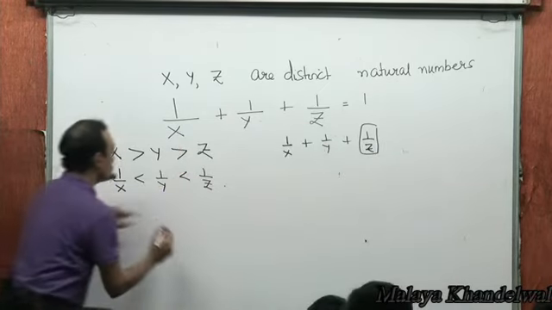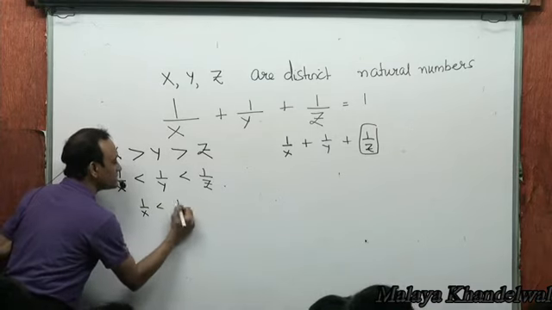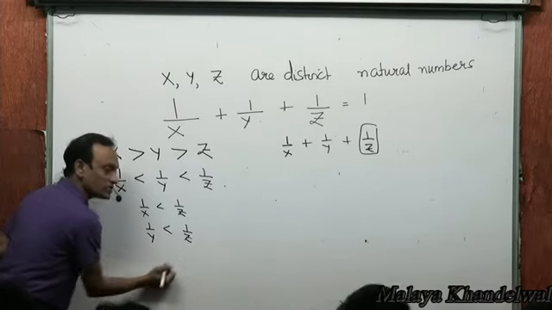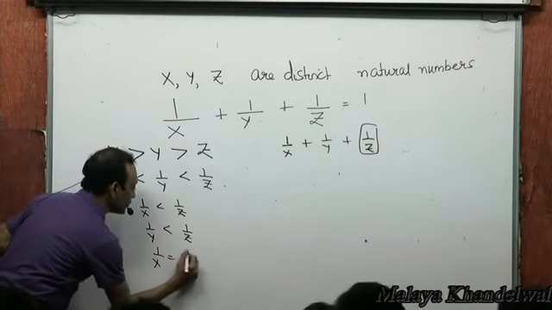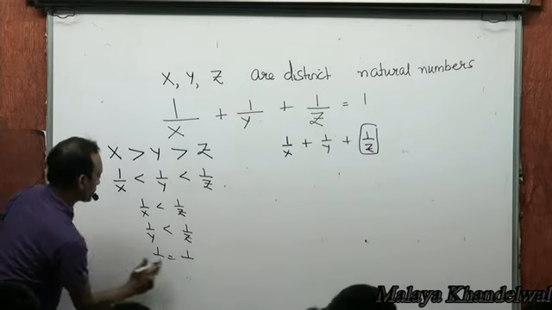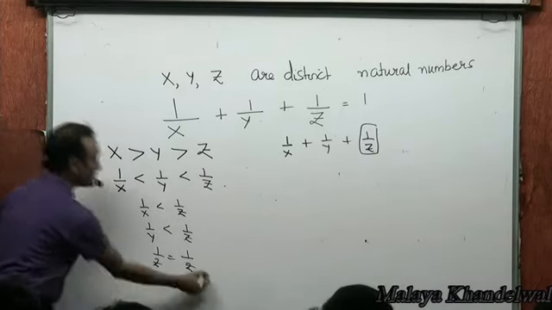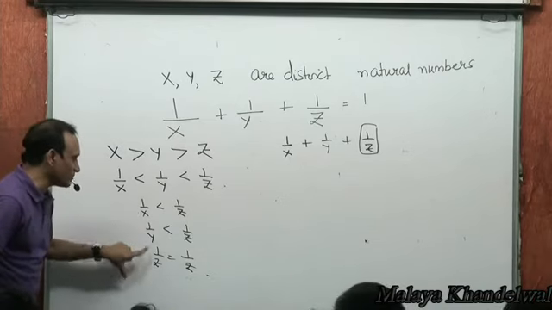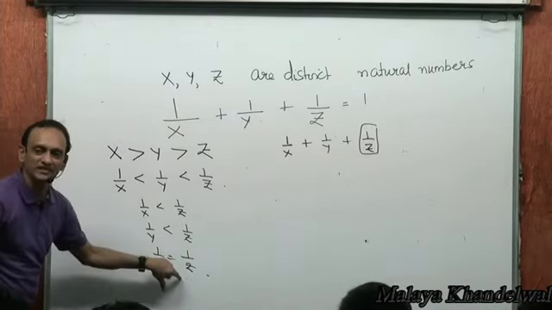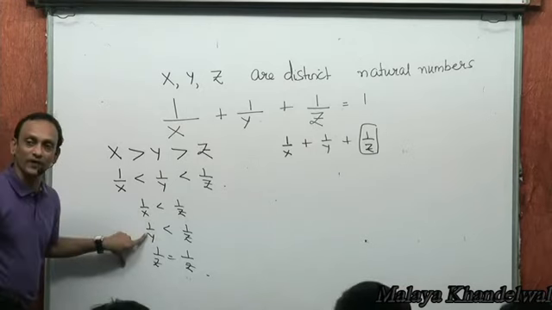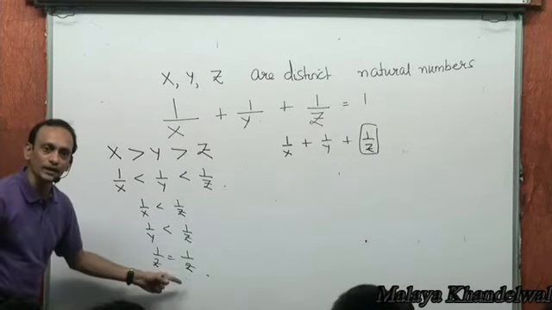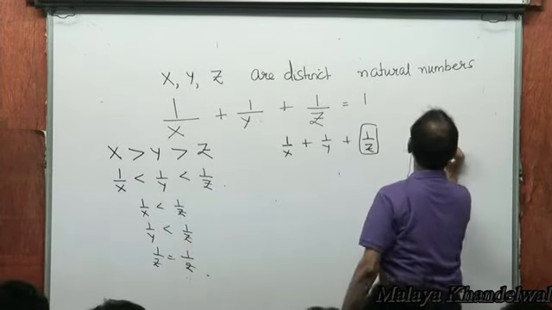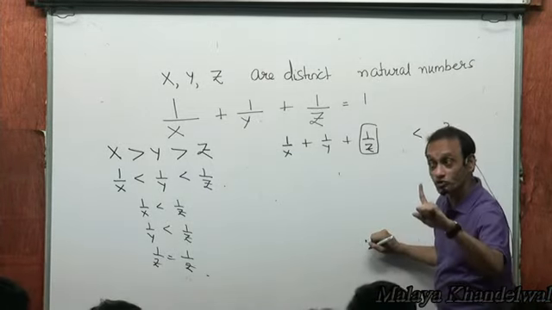Largest is 1 by Z. So 1 by X will be less than 1 by Z, 1 by Y will be less than 1 by Z, and 1 by Z will be equal to 1 by Z. Yes or no? Therefore, 1 by X plus 1 by Y plus 1 by Z would be less than 3 by Z. So far so good?